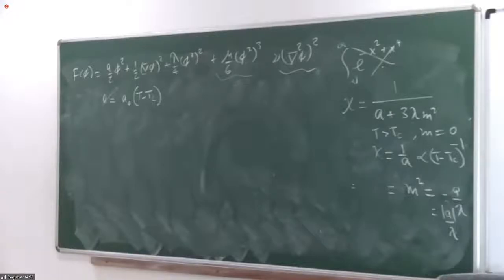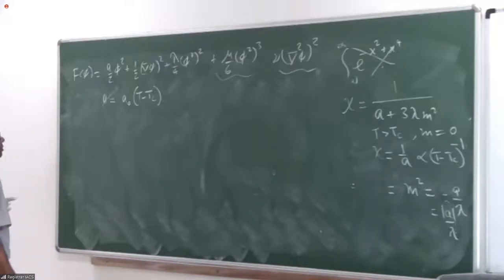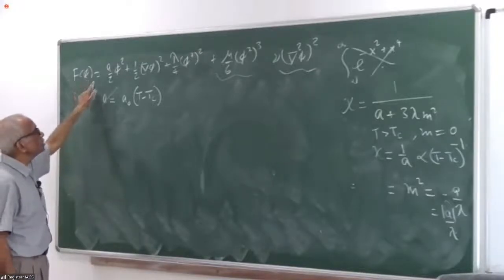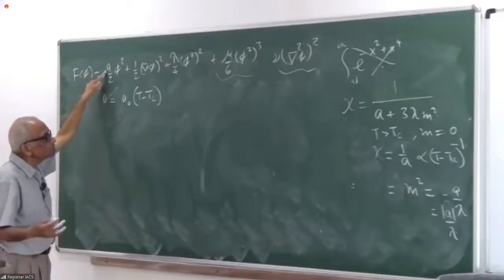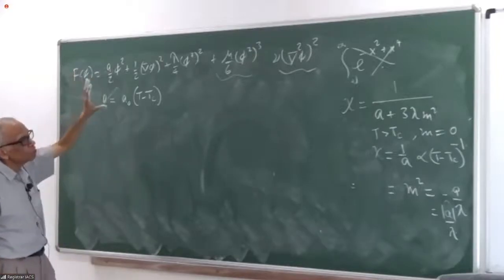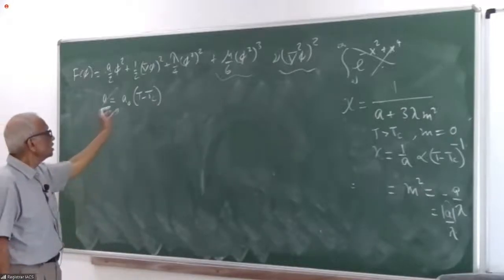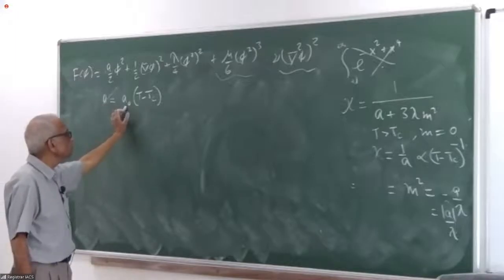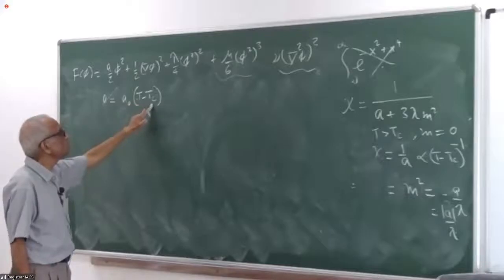The answer is the same as the mean field theory for the Ising model, but it has also given me some insight into this functional: if it is going to describe a second order phase transition, then A has to be some constant A0 times T minus Tc.